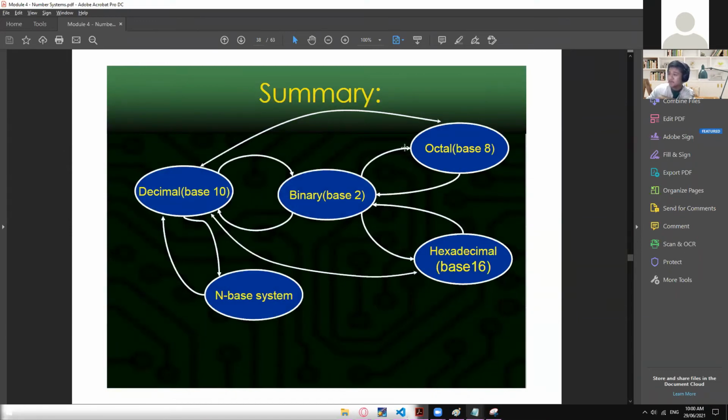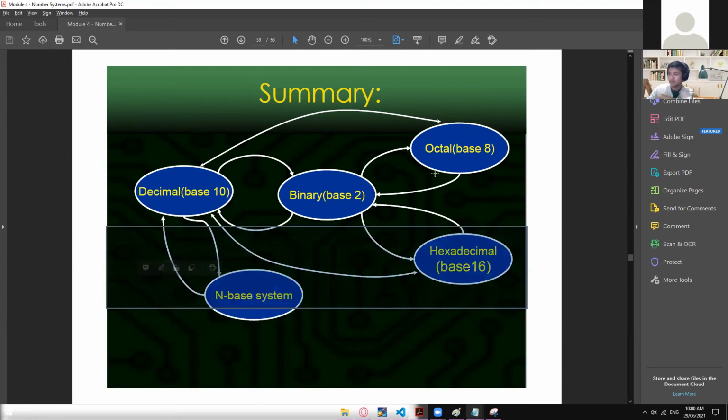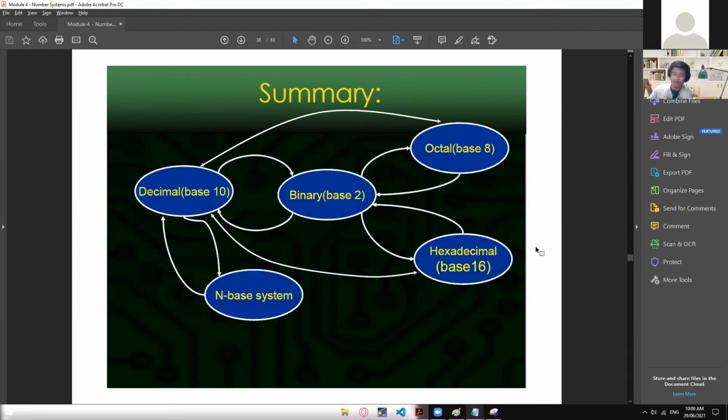So for you to get the n base, you have to do a double conversion, like octal going to decimal, and then decimal going to n base. You can also do octal to binary, then binary to decimal going to n base. So you can have triple conversion, quadruple conversion if you want to. But there are things that you can convert right away, like decimal to octal, octal to binary, hexadecimal to binary, and so on and so forth.